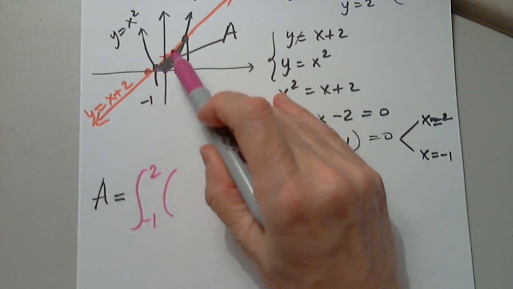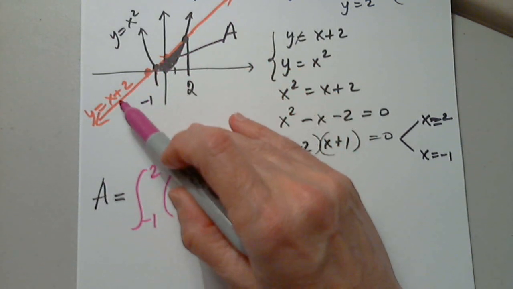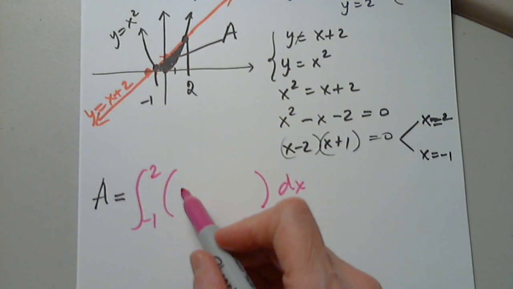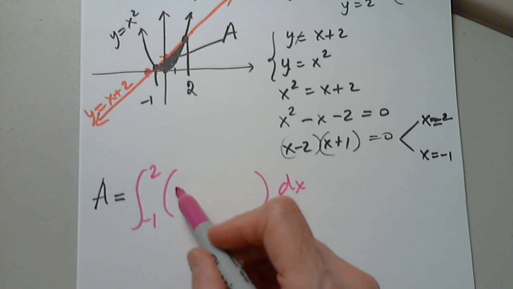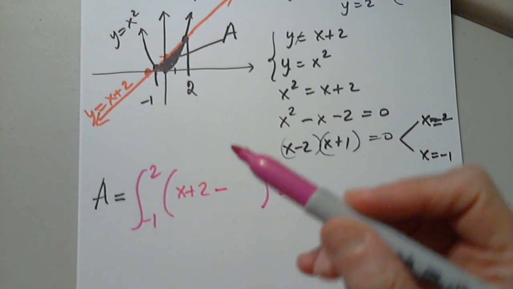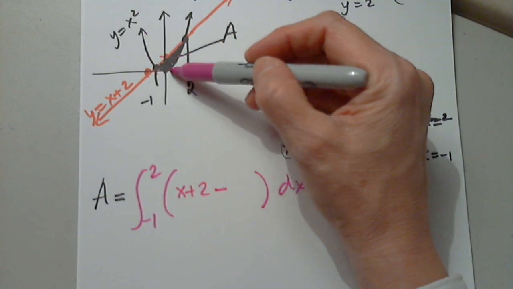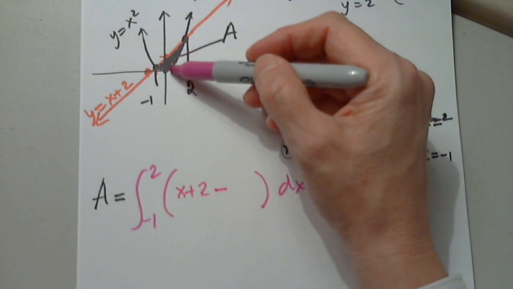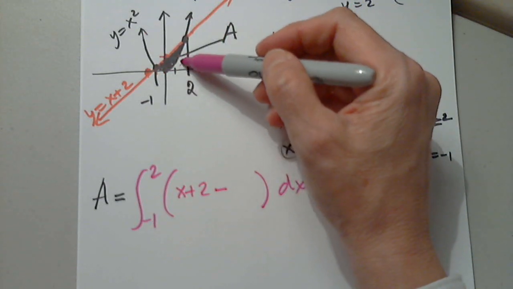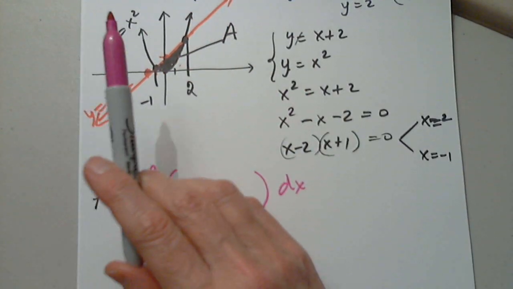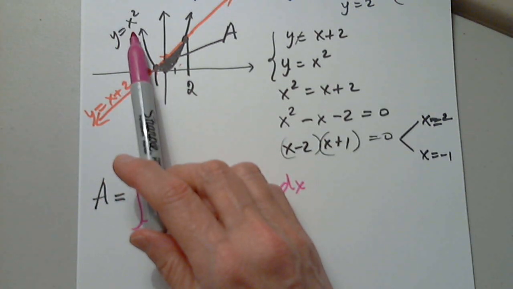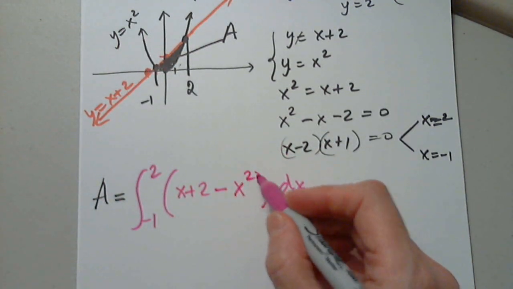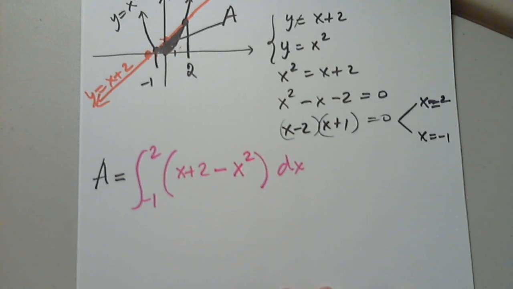What is the above? x plus 2. Very good. Minus below. x squared. That's it. That's all I need to determine.